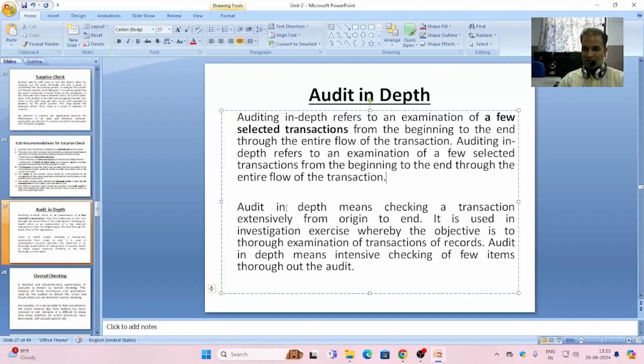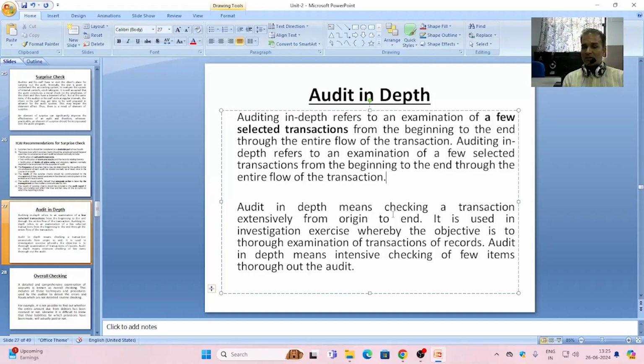Audit in depth means checking a transaction extensively from its origin to end. It is used in investigation exercises, where the objective is thorough examination of transaction records.